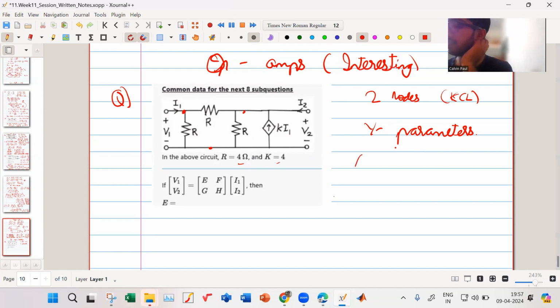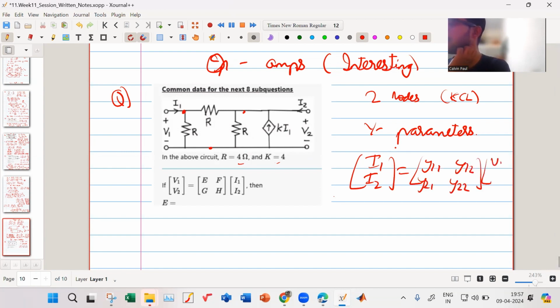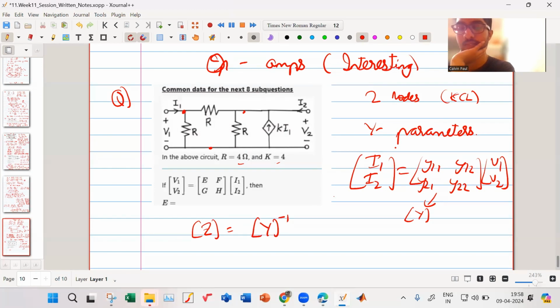So I will write I1, I2 equals the matrix Y11, Y12, Y21, Y22 times V1, V2. This is my Y matrix, and I need to find my Z matrix. My Z matrix is Y inverse.